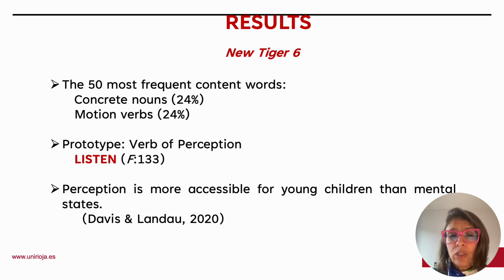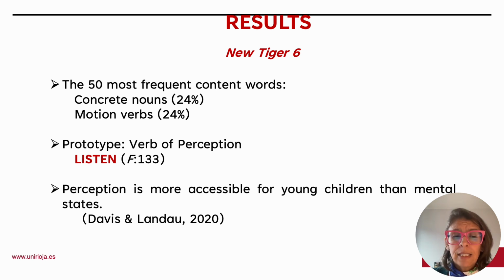However, the prototype was not included within these two types. It was included in the verb of perception, since when using the computational program Wordsmith, we could find that the most prototypical word, that means the most frequent word in the text, was the verb of perception, listen, with a frequency of 133.